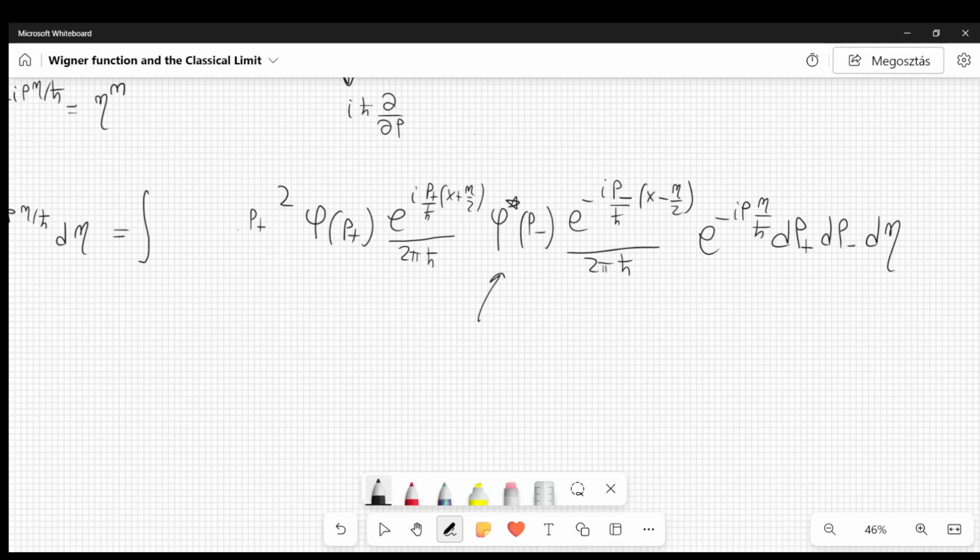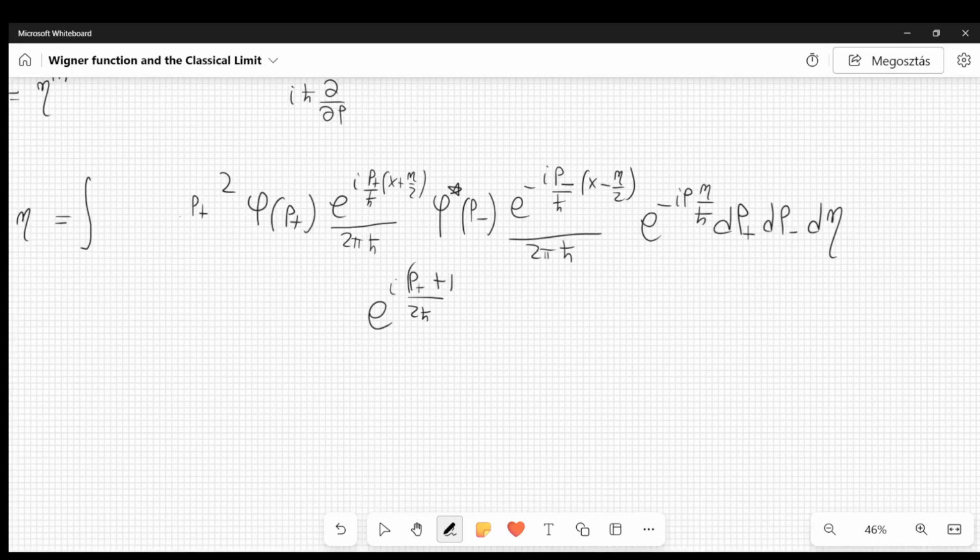Another thing that we can do here: you can see that eta only appears inside the exponentials. So if we factor all the exponentials that contain eta, we have something like this: e to the i p plus over 2h bar, then we have plus p minus, and then minus 2p, times eta.